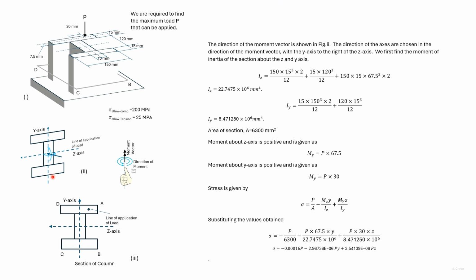So the direction of the vertical and the horizontal axis is chosen as shown. We earlier discussed that the z-axis has to be 90-degree anti-clockwise to the y-axis. So the y-axis and the z-axis is designated here as follows.